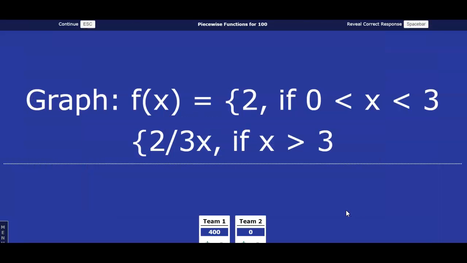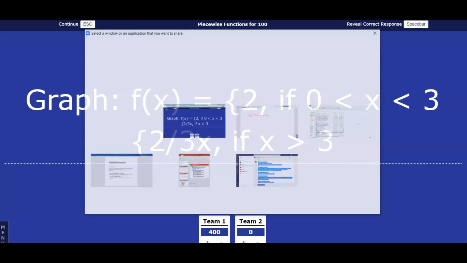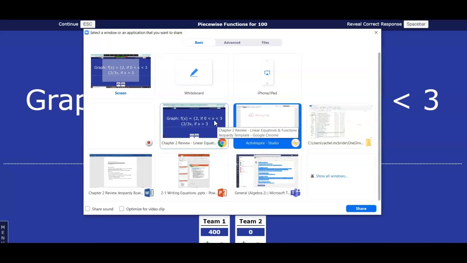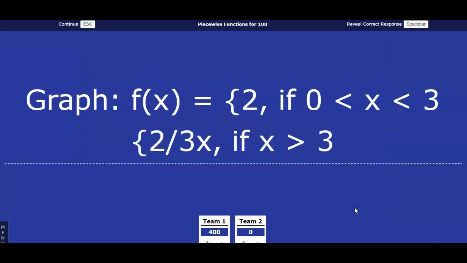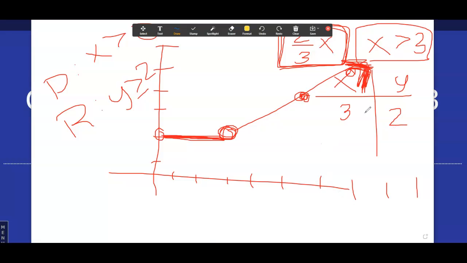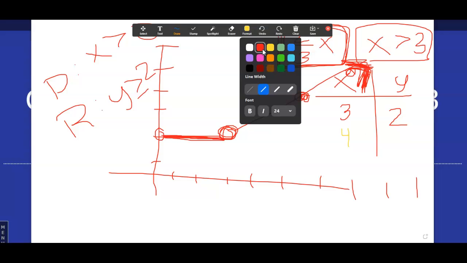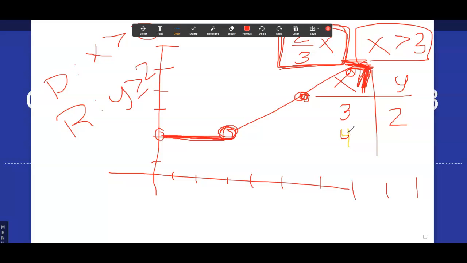Can you show us how to make that chart? Could you show us how that whole graph would look? Got it. So the next point, if you plugged in 4, you're talking about a pretty disgusting number, because 4 would be 8/3.